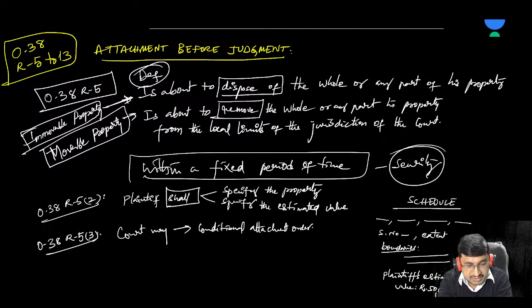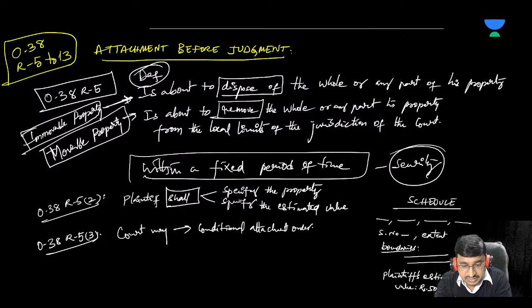Attachment of immobile property, removal, attachment of salary, allowance, private employees. Just go through this one. Attachment of immobile property. These are related to the attachment of the mobile properties or immobile properties.